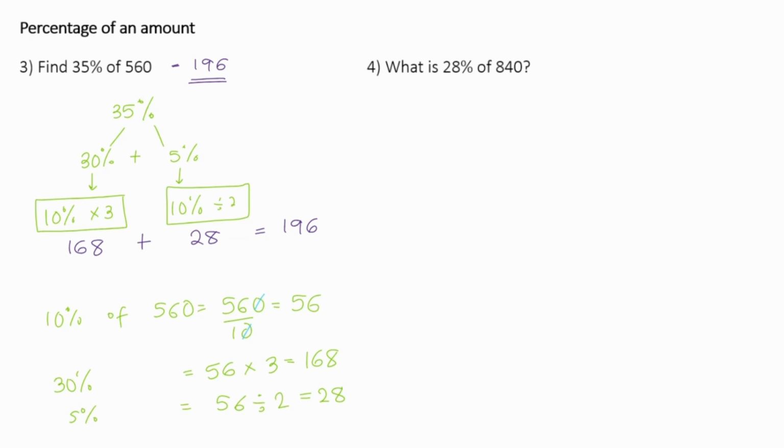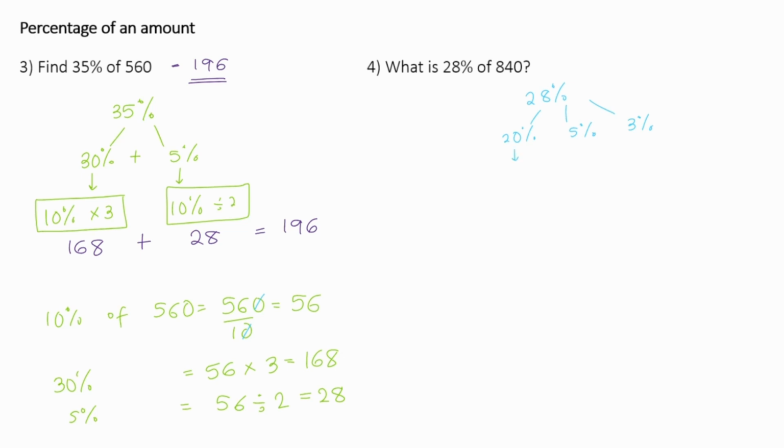Number 4 says, what is 28% of 840? To find 28%, we are first going to have to look for 20%. We then can look for 5% and then 3%. 20 plus 5 makes 25, and 25 plus 3 makes the 28%.